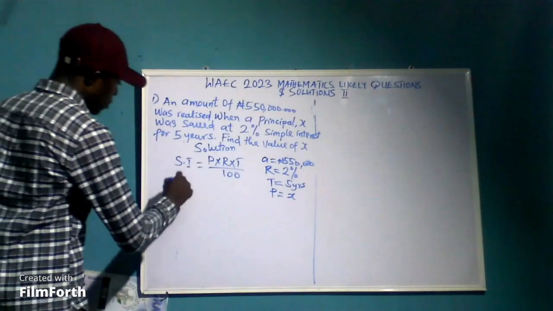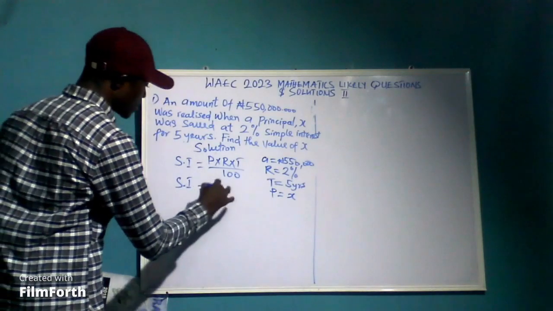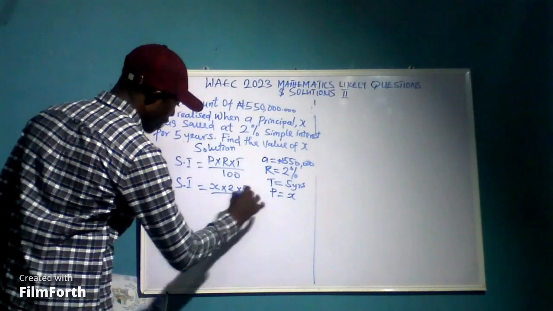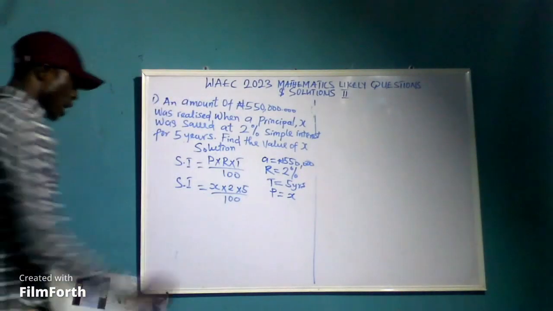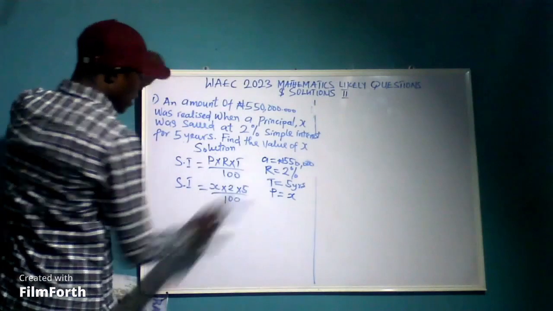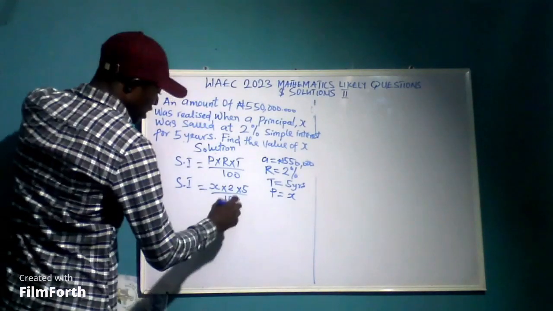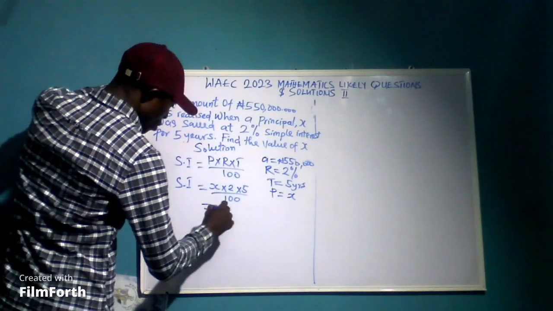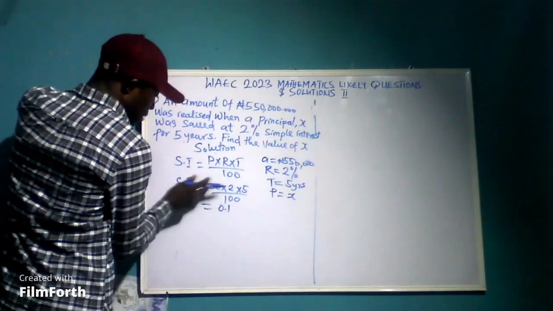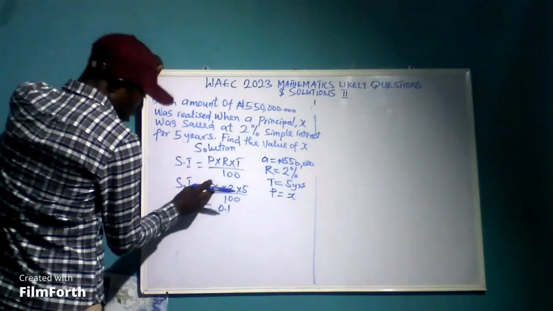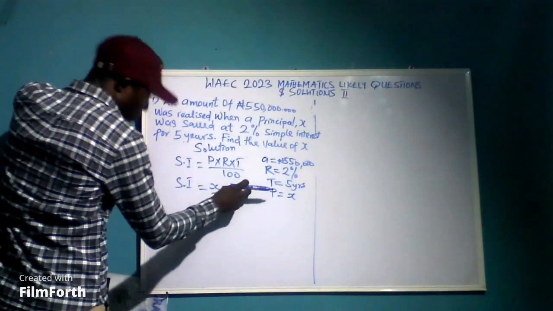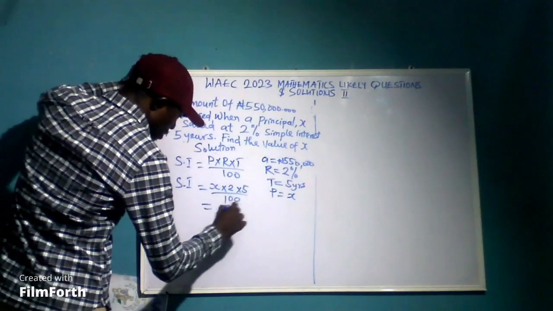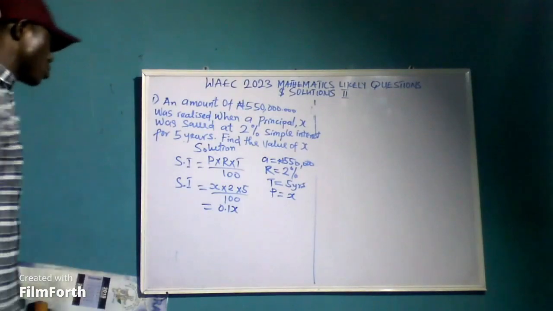So simple interest is equal to X multiplied by rate, which is 2, multiplied by time, which is 5, everything all over 100. 2 times 5 gives 10, times X is 10X, and 10X divided by 100 is 0.1X. Therefore our simple interest is equal to 0.1X.